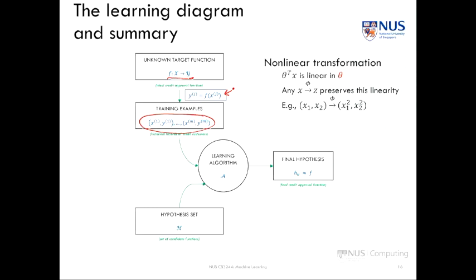We're going to use a learning algorithm here, a linear classifier, constrained to a certain hypothesis set of just hyperplanes. And we're going to induce a final hypothesis h theta, which is as close as possible to f. So what we've done is use a nonlinear transformation to change our x's into a z-space and then apply the classification on the z-space.